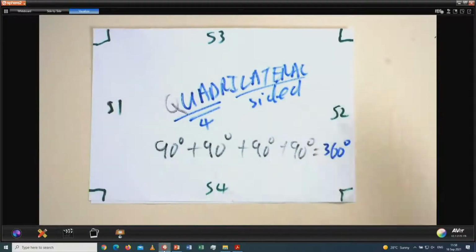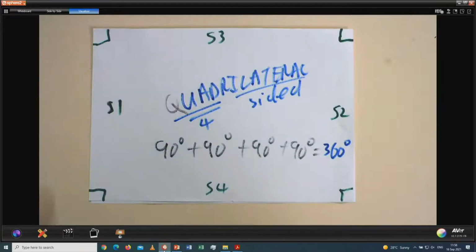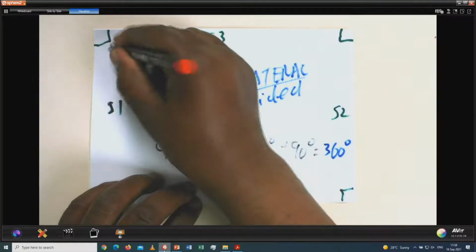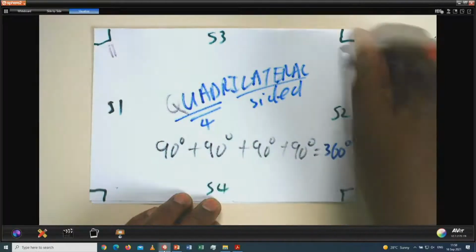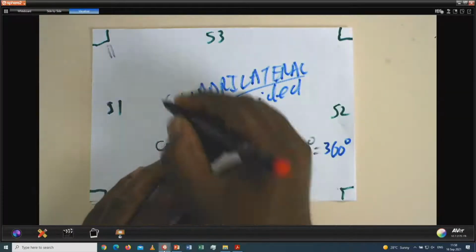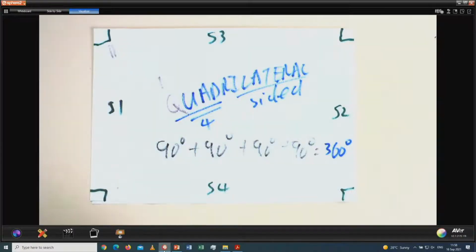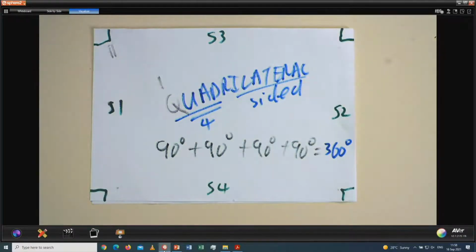Properties of this figure. Your desk that you're writing on, the table, your windows, you always see this kind of figure. Particularly because of this property, this type of figure is called a rectangle.